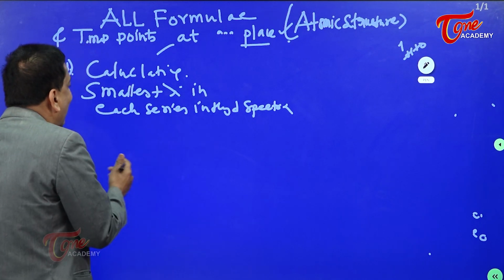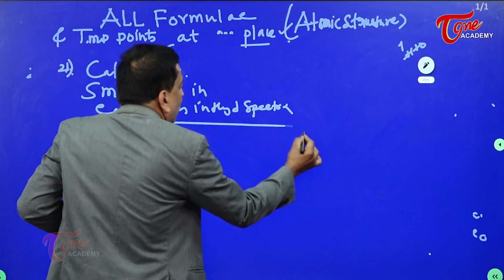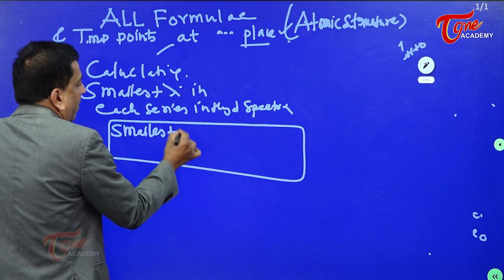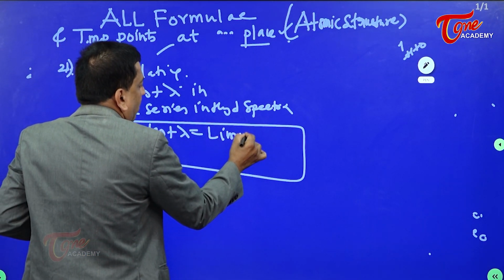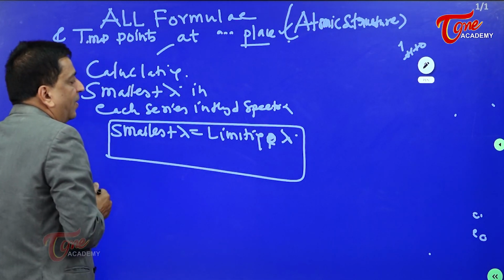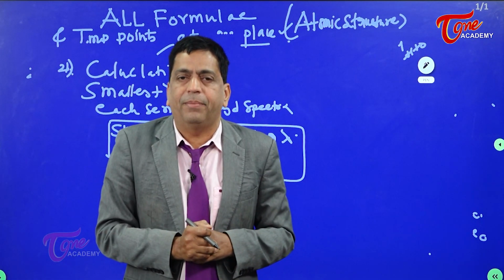Now when I say smallest lambda, that's nothing but the limiting point, or I can simply say the limiting lambda. I call this the limiting lambda, right?